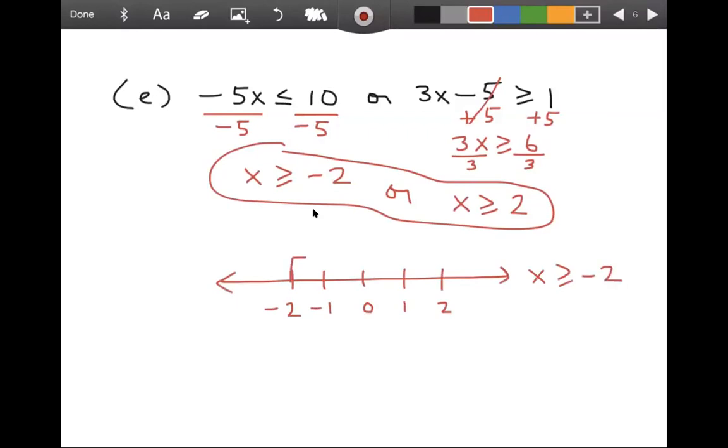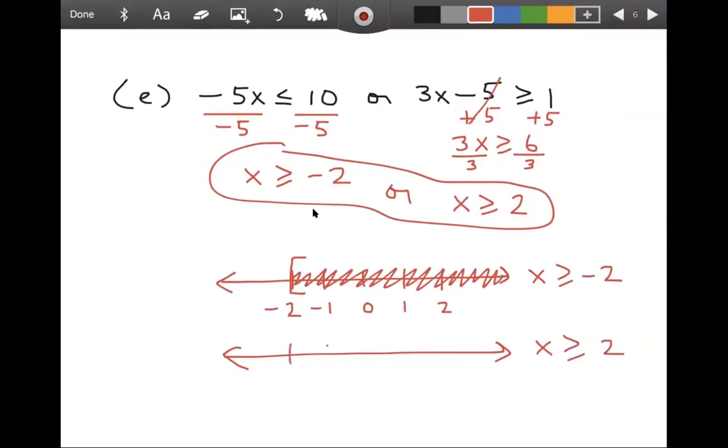We're going to put a bracket here and color everything to the right. And then x is greater than or equal to 2 will be everything to the right of 2.